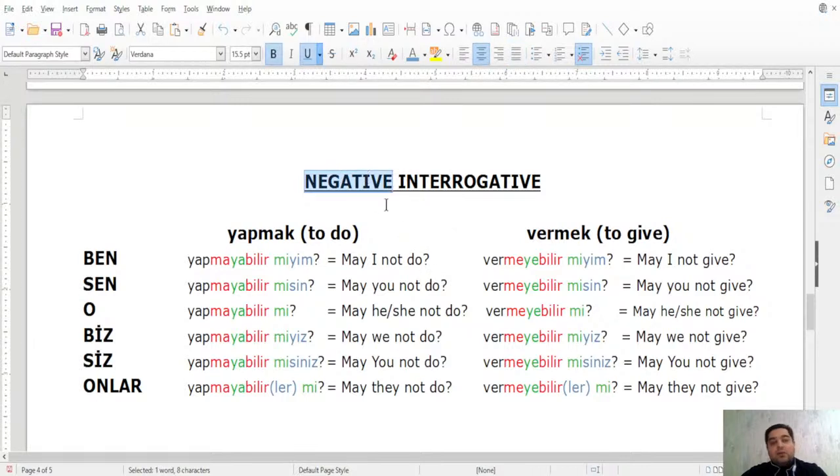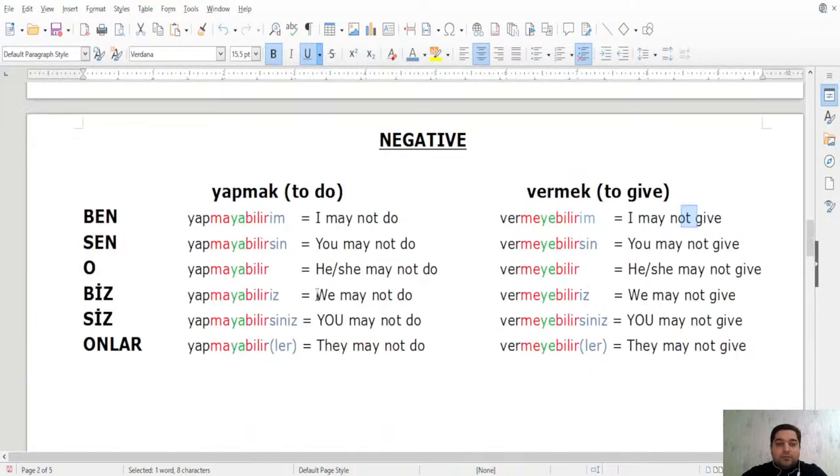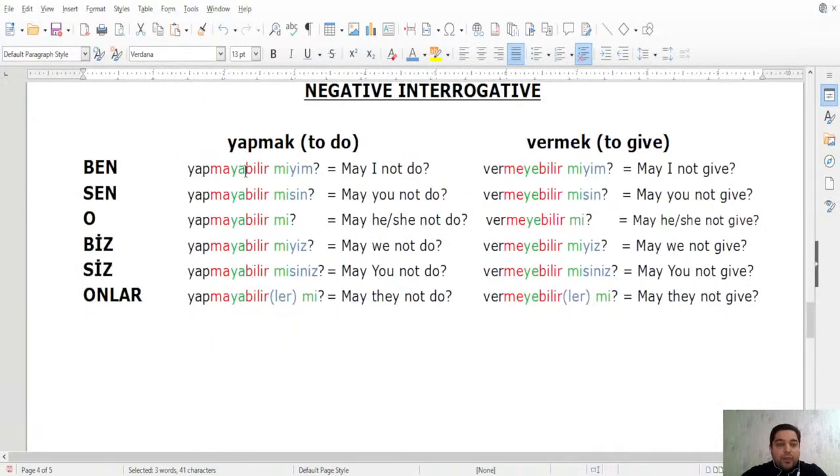Okay, so negative interrogative is in the negative here. What did we have here? Negative here, yapmayabilirim, right? Yapmayabilirim, yapmayabilirsin, yapmayabilir, and so on. So negative interrogative will be yapmayabilir miyim, yapmayabilir misin, yapmayabilir mi. So here what changes is the question part, where we add the personal endings to the question word mi, and so on.